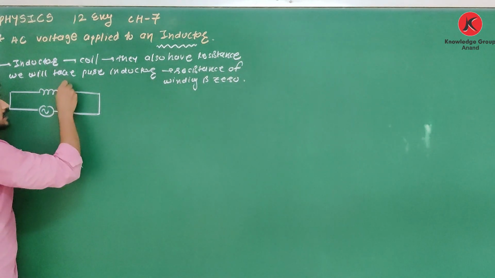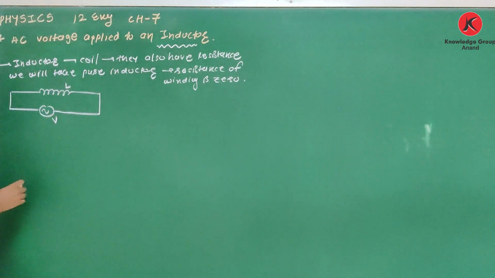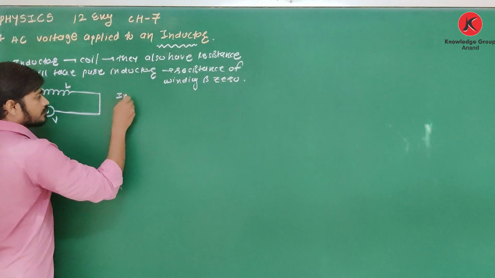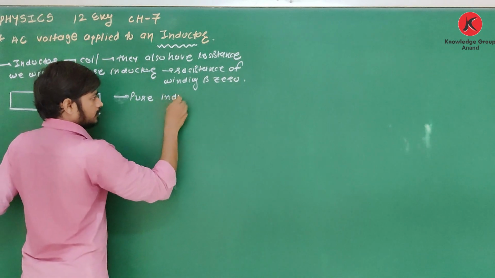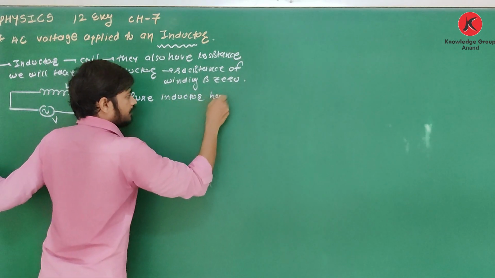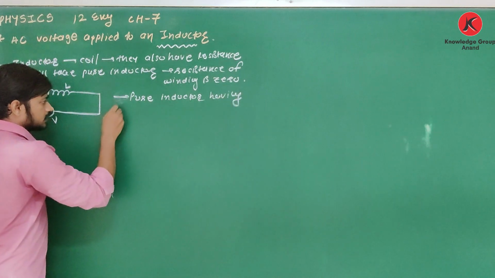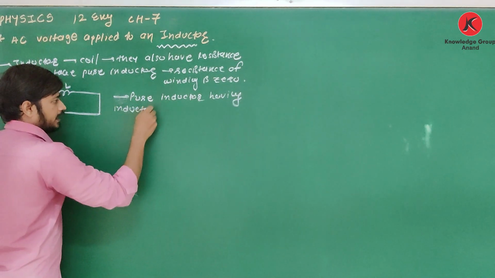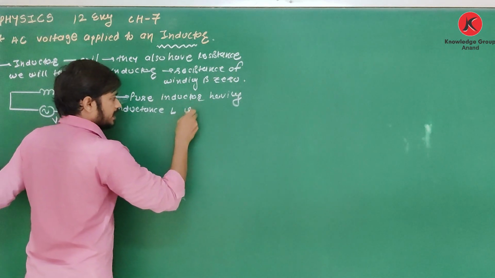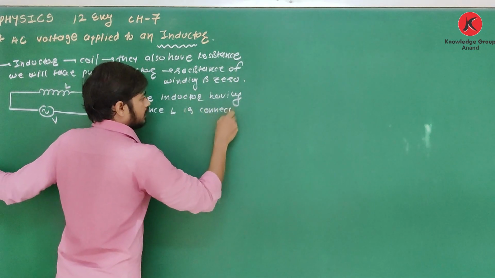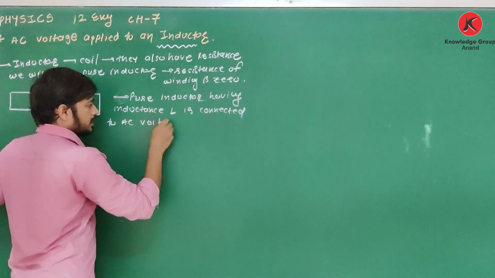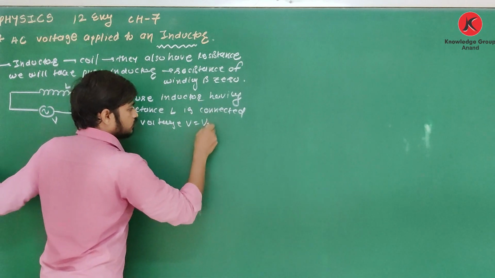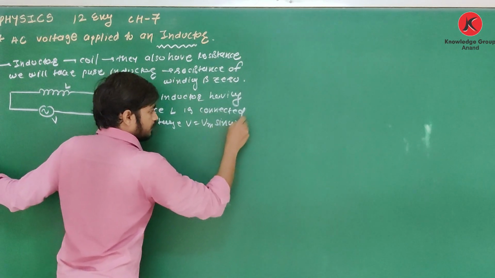Its inductance is L, and the potential difference between the two ends of this AC source is V. So a pure inductor having inductance L is connected to AC voltage, V is equal to Vm sin omega t.